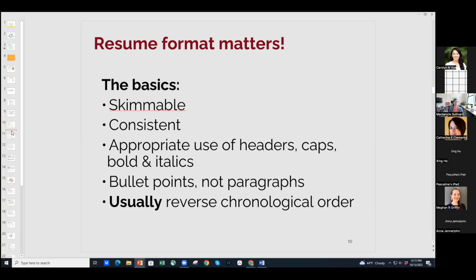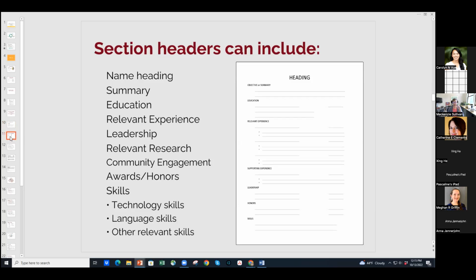Okay, so what might the categories and section headers on your resume be? I'm going to tell you, they're going to vary by person and the job, because some things are important in some jobs that are not important in other jobs. So everybody's going to have their name heading. Some people choose to have a summary. We're going to talk a little bit about that. Your education may go right at the top, and it might not.